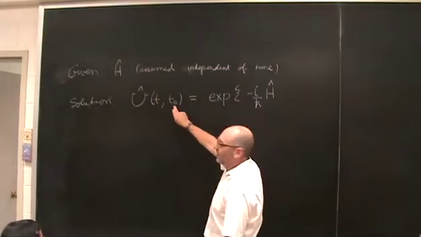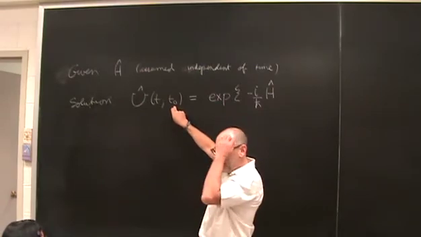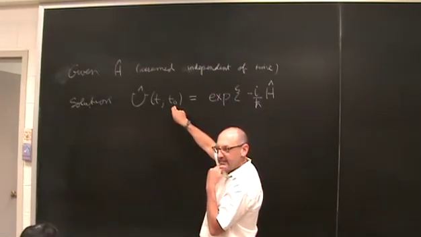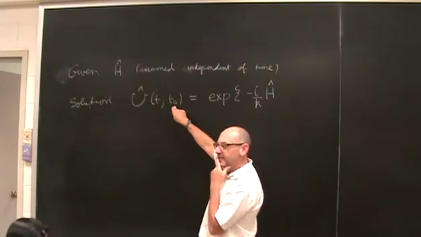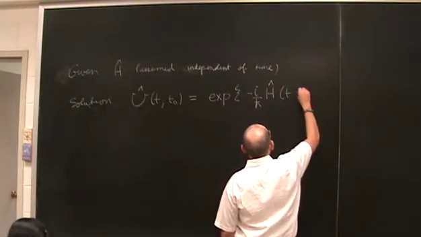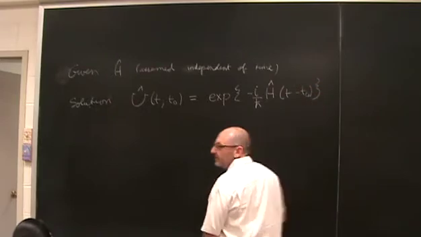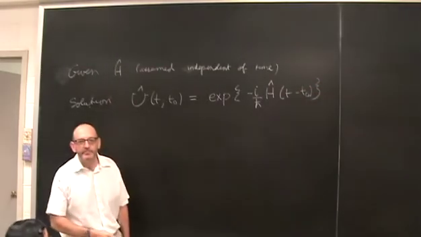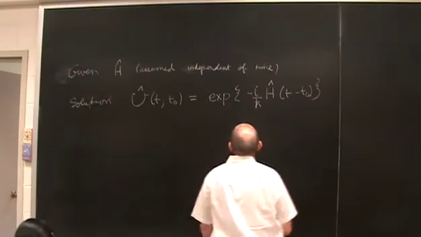We have t0 here, though. When we have a differential equation, we always have to think about the initial condition. It would be t minus t0, because at time t equals t0, this has to be the identity. Okay? So that's the solution.